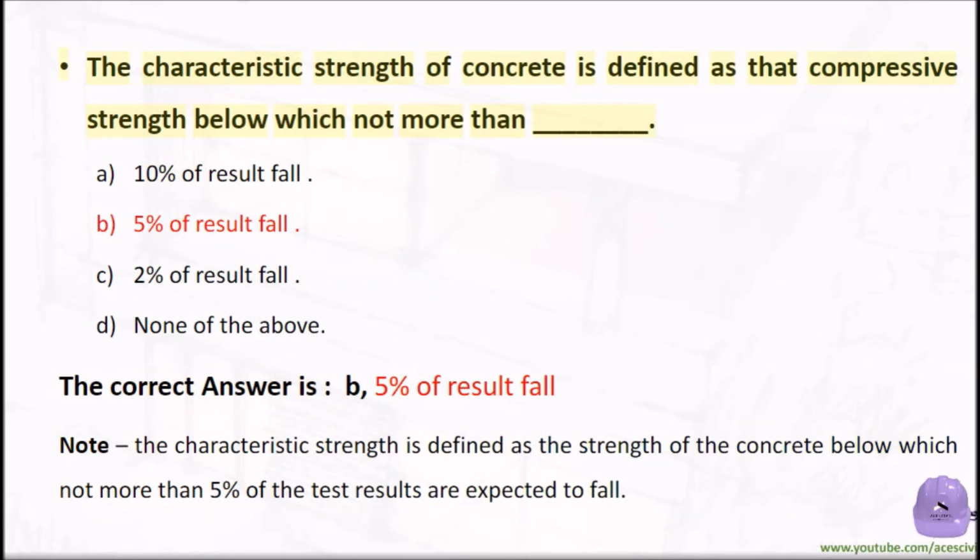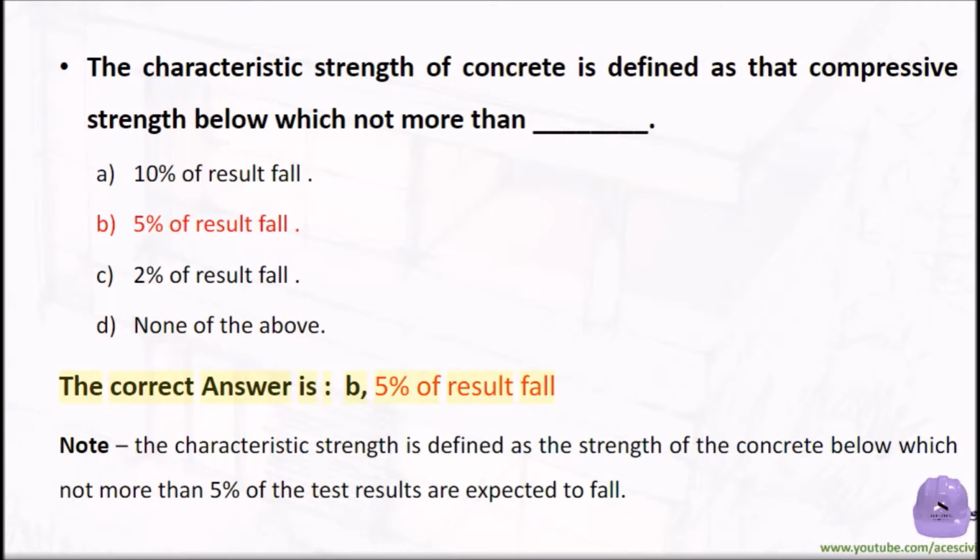The characteristic strength of concrete is defined as that compressive strength below which not more than: A. 10% of results fall, B. 5% of results fall, C. 2% of results fall, D. None of the above.